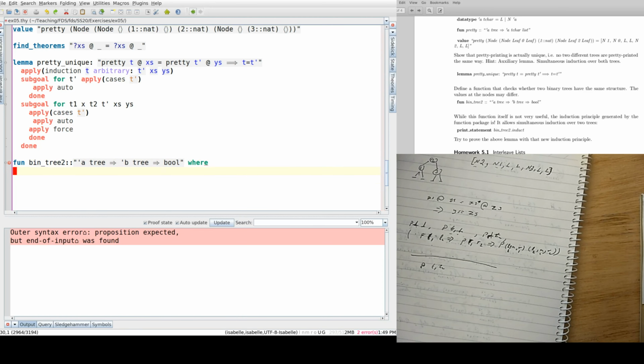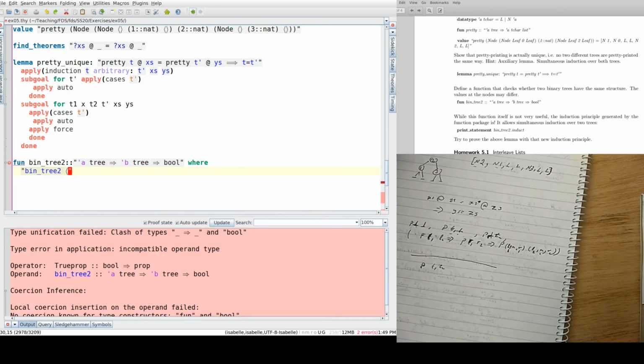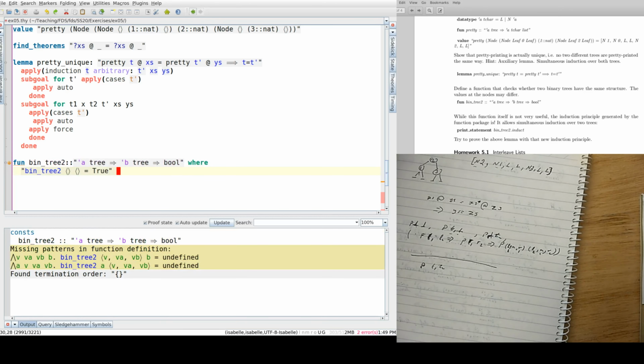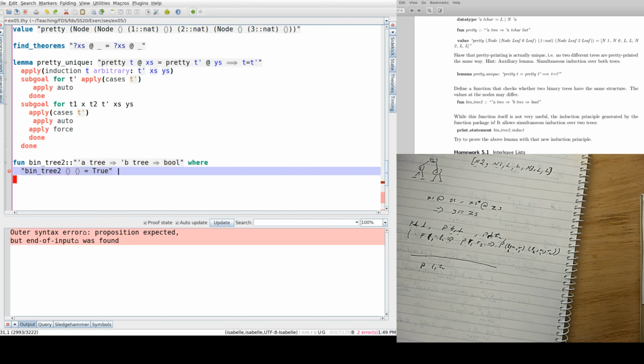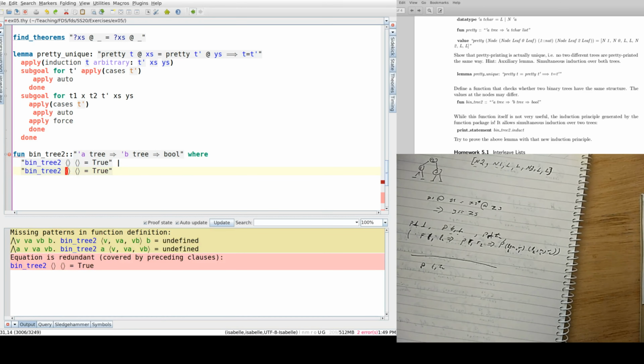So I will just say here this function should be taking tree to the leaf. I'll just say false or true or whatever. It doesn't make a difference what we say in the function. The most important thing is that it should be doing the recursion on both trees.